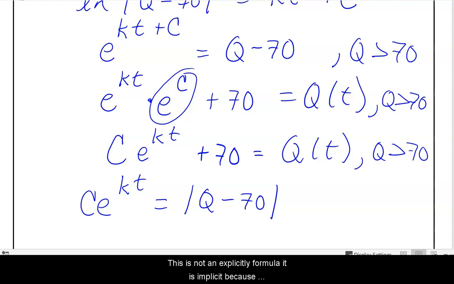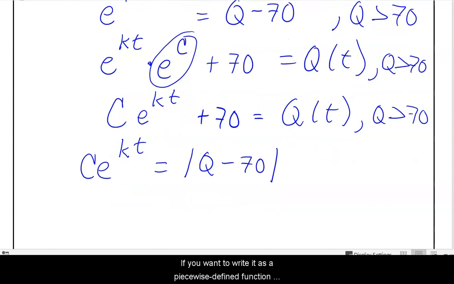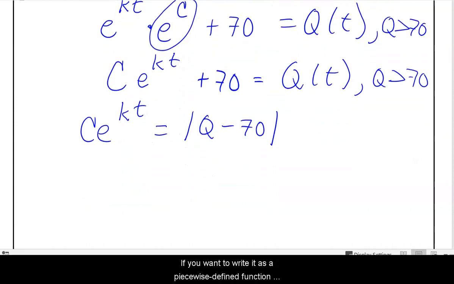This is not an explicit formula. It is implicit because you won't be able to remove this from the absolute values unless, of course, you chose to write it in terms of a piecewise defined function. If you want to write it as a piecewise defined function, then you could write it again explicitly.